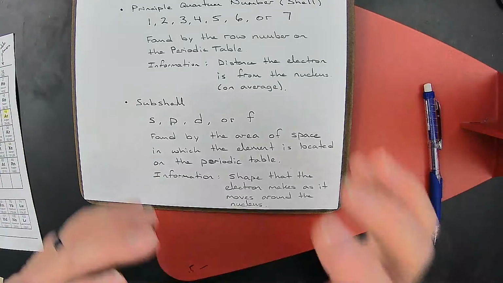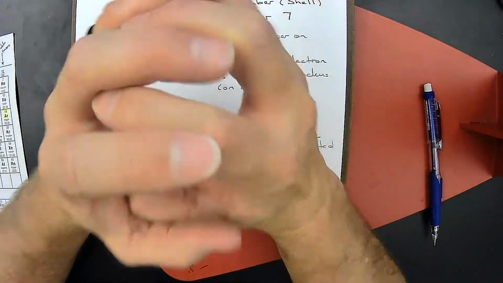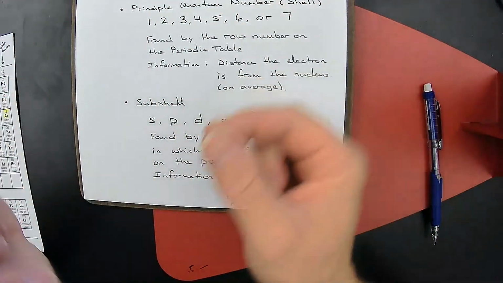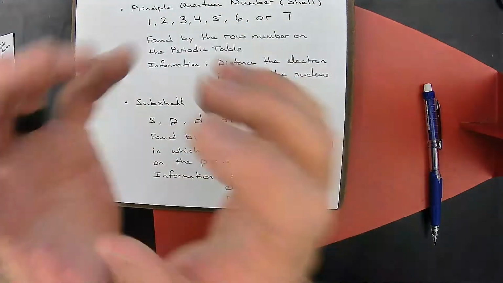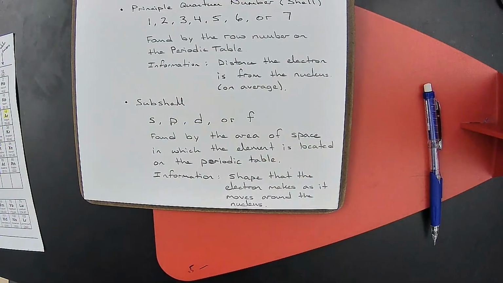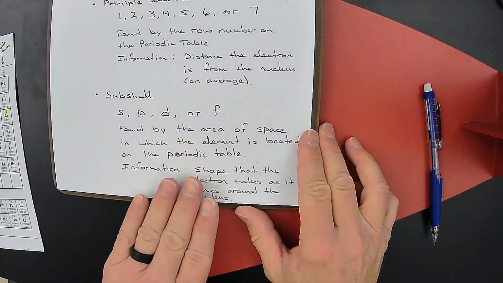I wish they did, because it helps me think of the shape of an atom as a spherical shape. But not all electrons are going to fly around in a spherical shape. Some of them fly around in a different shape. So let's take a look at this a little bit more.